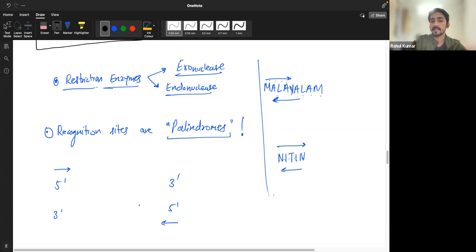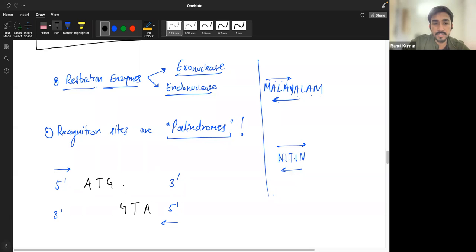Whatever you read here, let's say A, it has to be A here. Now you make T, so it has to be T here. You make G, so it has to be G here. Now, because you are making a 6 base pair long sequence, you just go with the pairing.